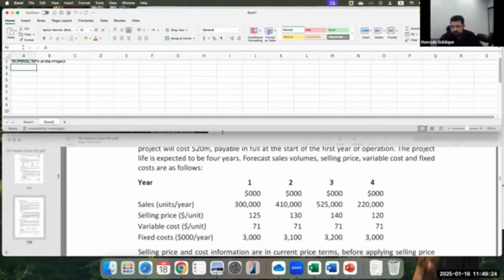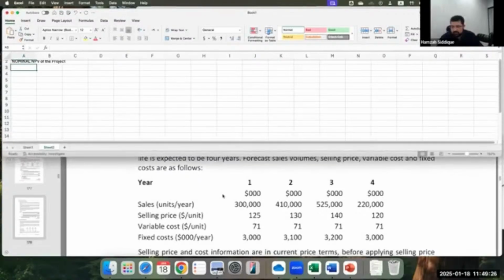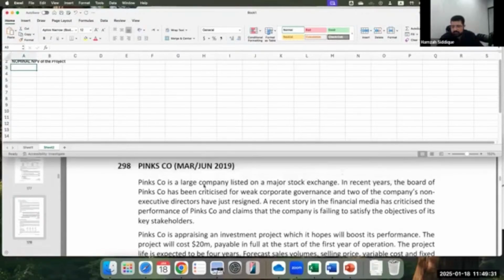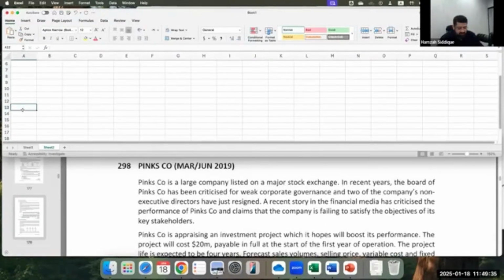What we need to do is start with workings. We need to start with Working 1.